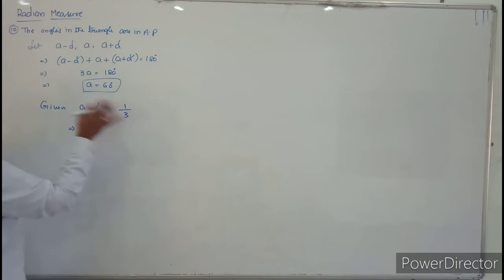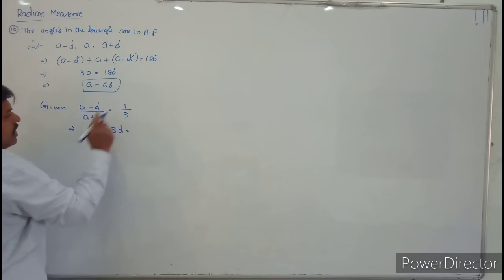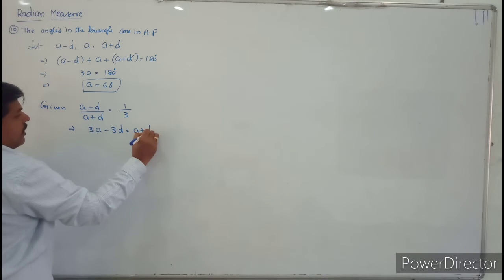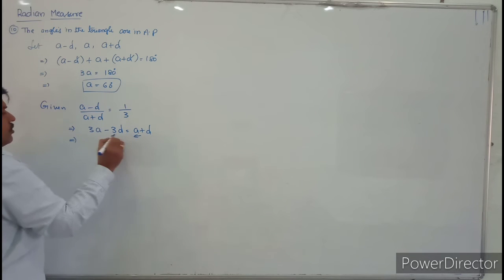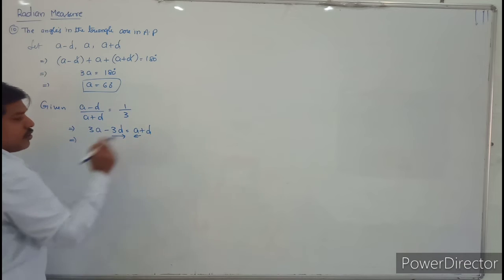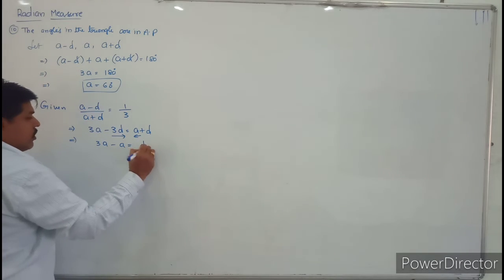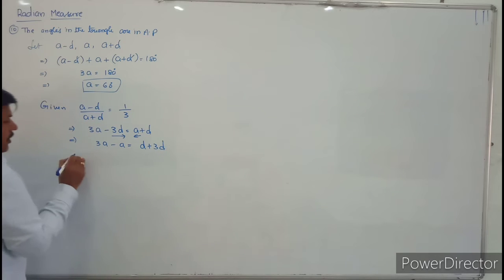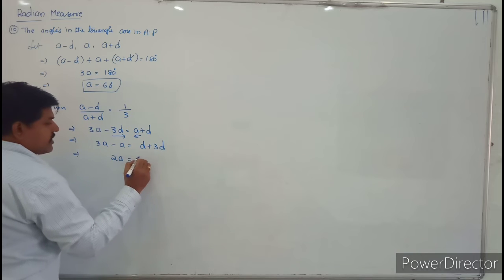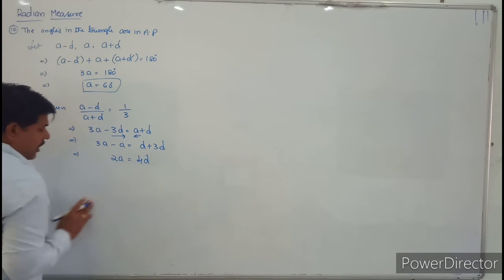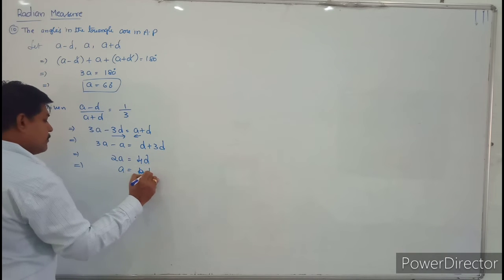Take the cross multiply, so that is 3A minus 3D is equal to A plus D. Take this A to this side and this minus 3D to that side. So 3A minus A is equal to D plus 3D. So 2A is equal to 4D.